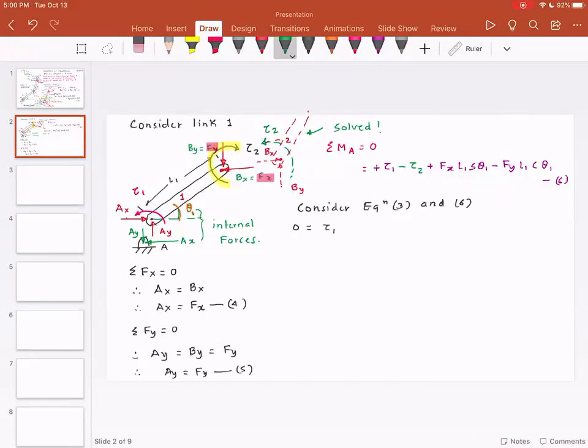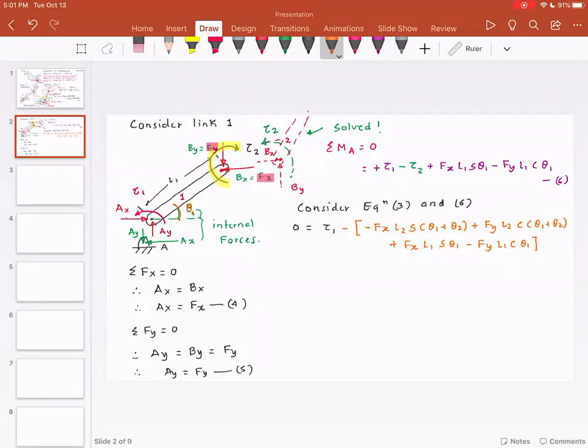So you would have tau 1 minus tau 2, where tau 2 is nothing but minus f of x L2 sine theta 1 plus theta 2 plus Fy L2 cosine theta 1 plus theta 2 plus f of x L1 sine theta 1 minus Fy L1 cosine theta 1. So this is the expression that we got.